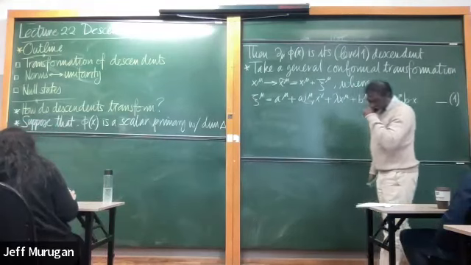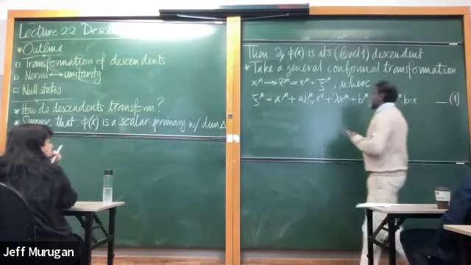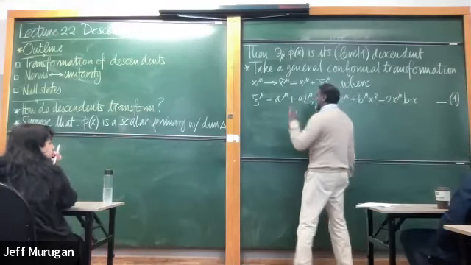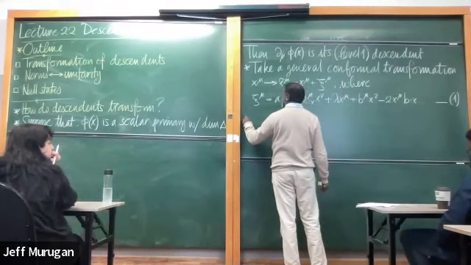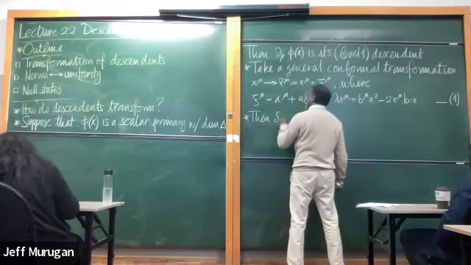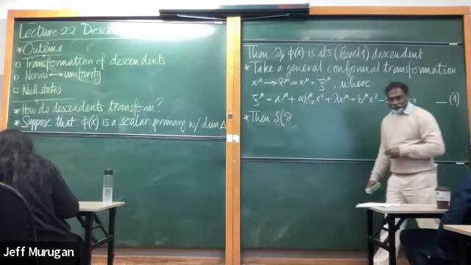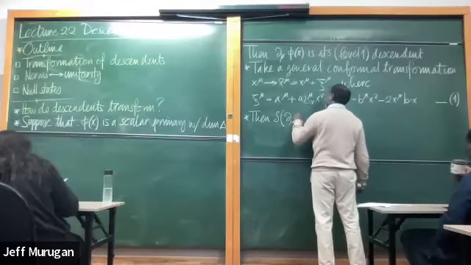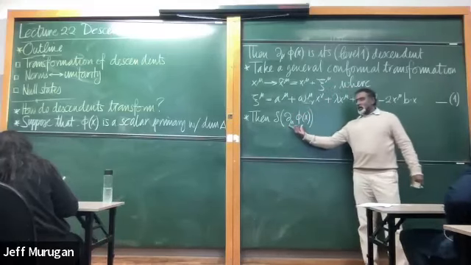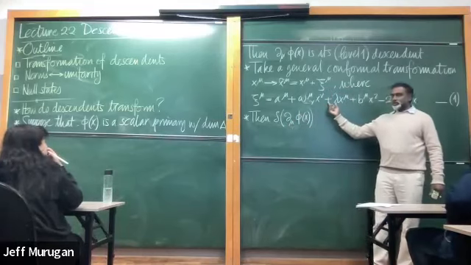So key to this next step is one main thing. We're interested in the following. We want to know what is delta of d mu phi of x. This will tell us how d mu phi of x, the descendant operator, transforms under this transformation.